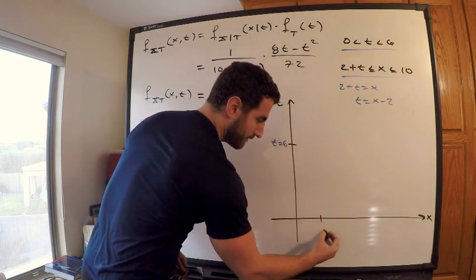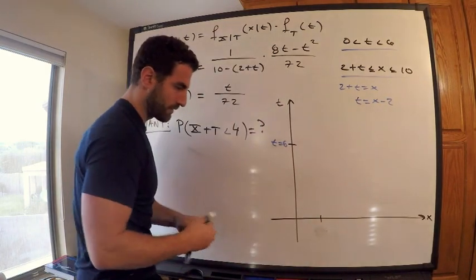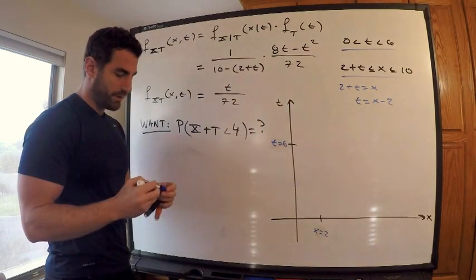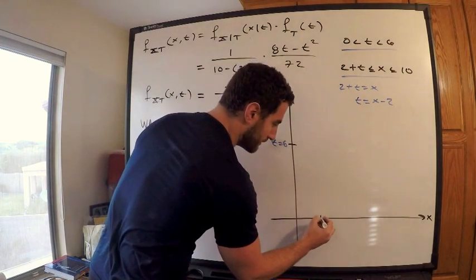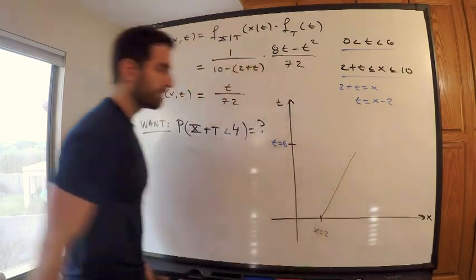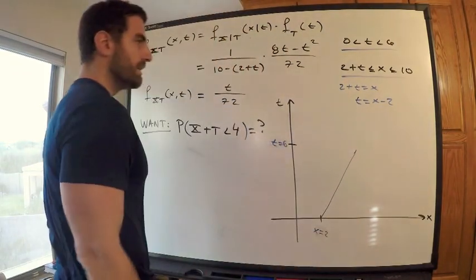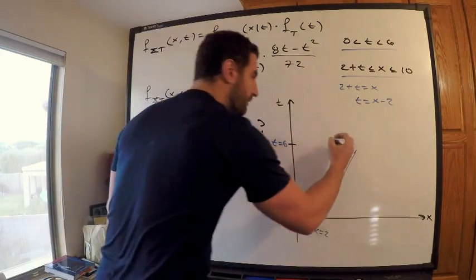I have an intercept there. So here's x equals 2. And the slope is 1. So in terms of my graph, it's going to be going up something like this. This is the line, t equals x minus 2.